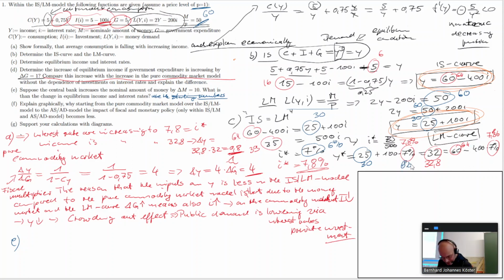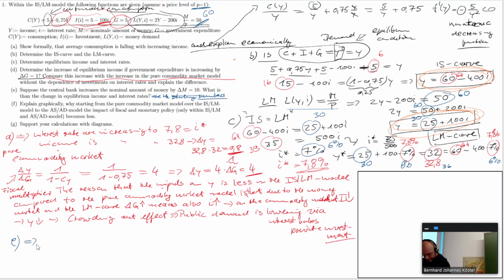This is now 6%. 30 plus 100 times 6% is then 36. Or on this other side, you have to put in here 6%. So 60 minus 6 times 4 is 25, is 24. 60 minus 24 is, of course, also 36.